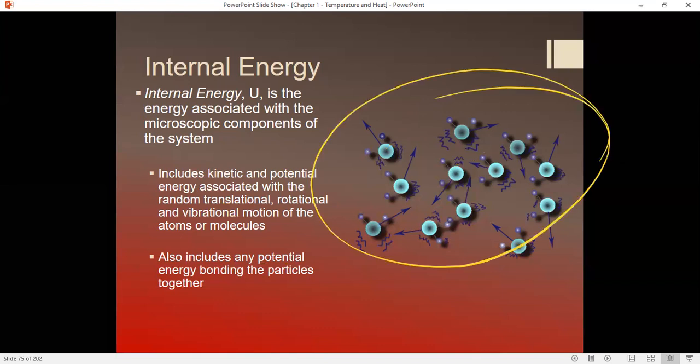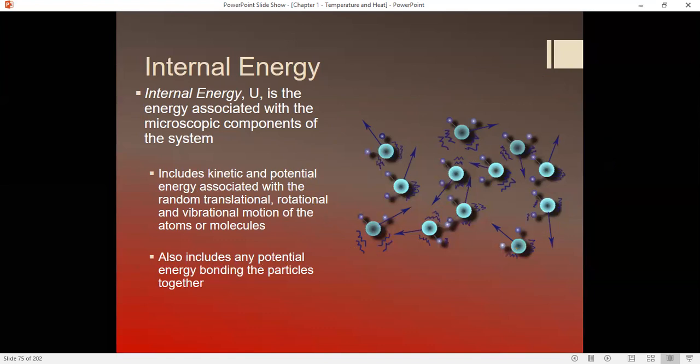And as we heat or cool an object, we change the internal energy. If the temperature goes up, it's the kinetic energy that's increasing. If the temperature goes down, it's the average kinetic energy, again, that's decreasing.